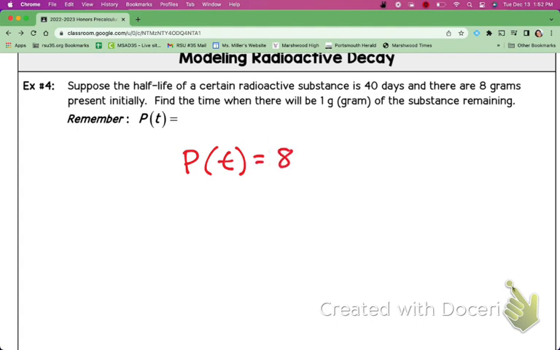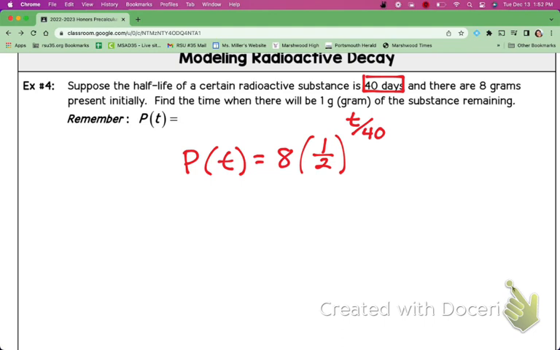And if I'm taking a half-life each time, my decay rate would be a half, or 1 minus a half, which is a half. And then here's the tricky part. T represents time in years, but we're doing a half-life every 40 days. So I'm going to take my years and divide it by those 40 days. So that means every T over 40 is when my half-life is going to be occurring.